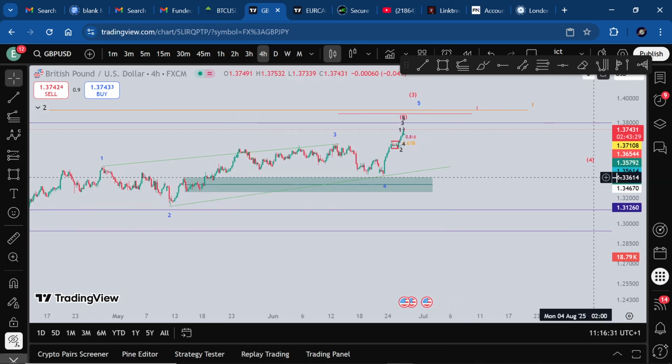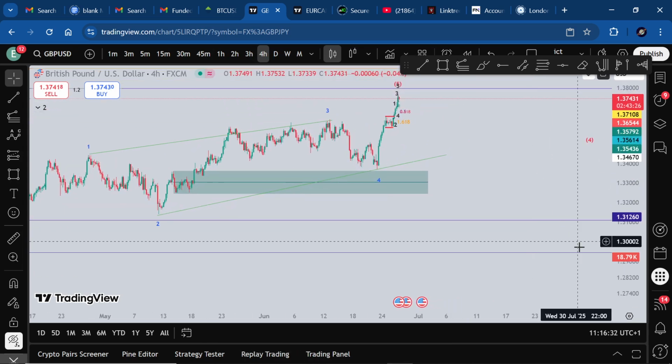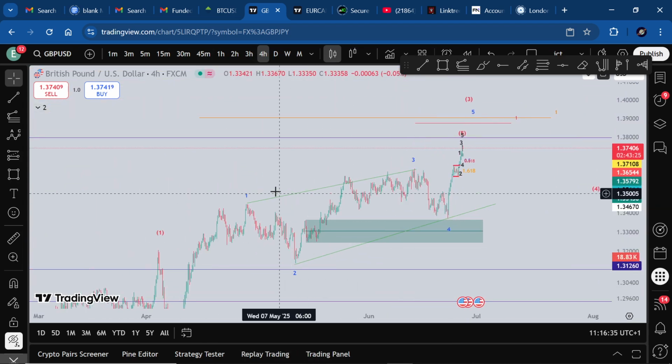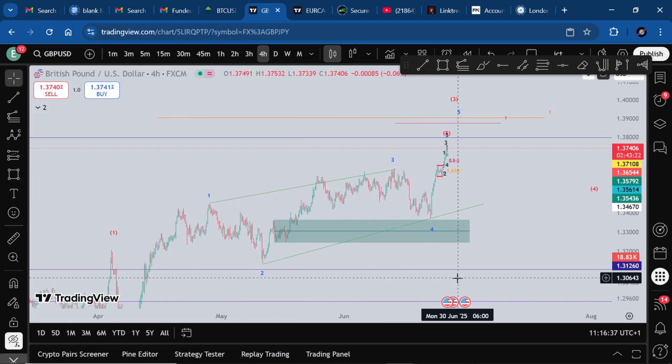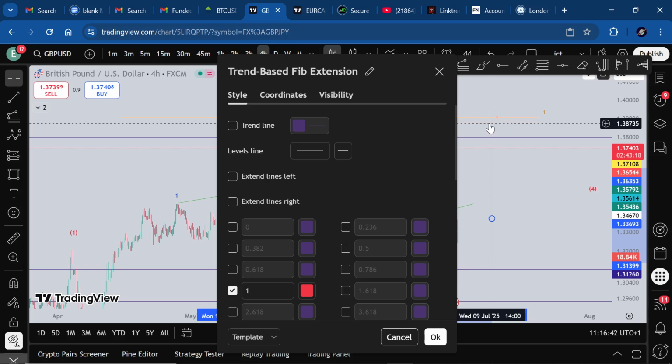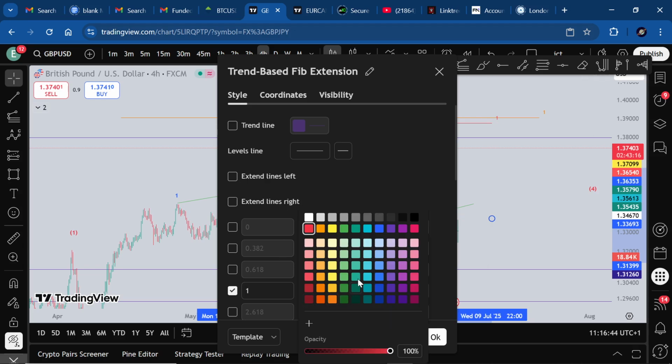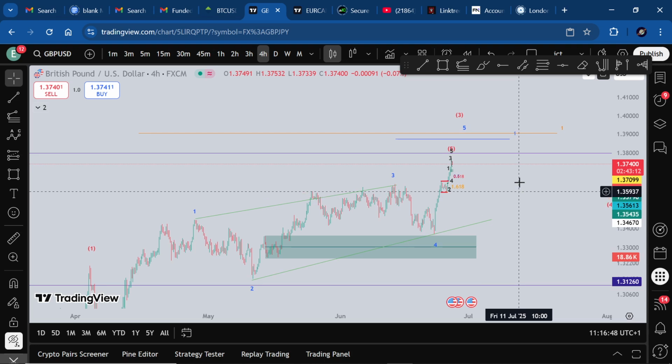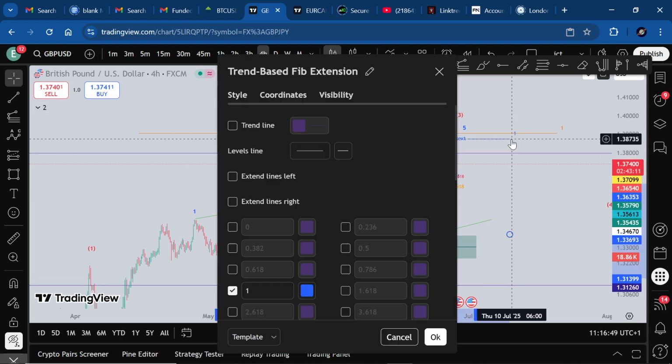That's the local one. That's the one to pay attention to. 1, 2, 3, 4. So this is the extension of my third wave. In fact, I'll make it blue. That's the extension of my third wave, and we also add these to it.